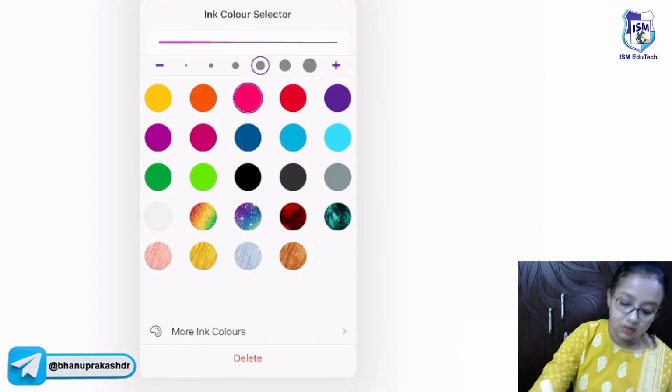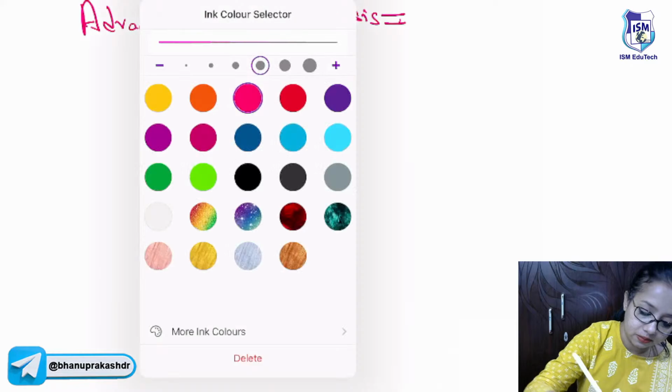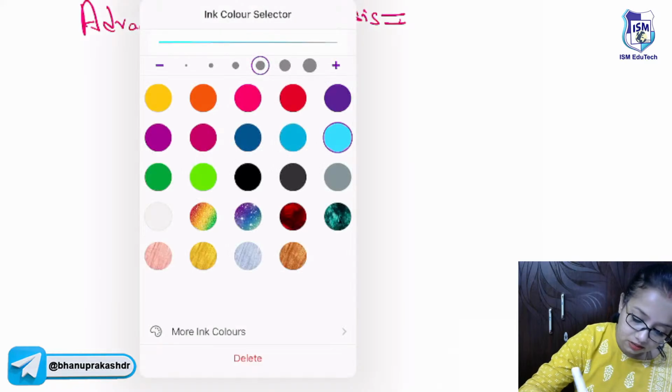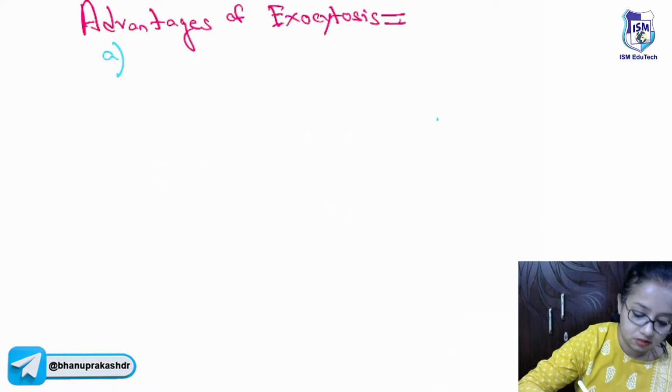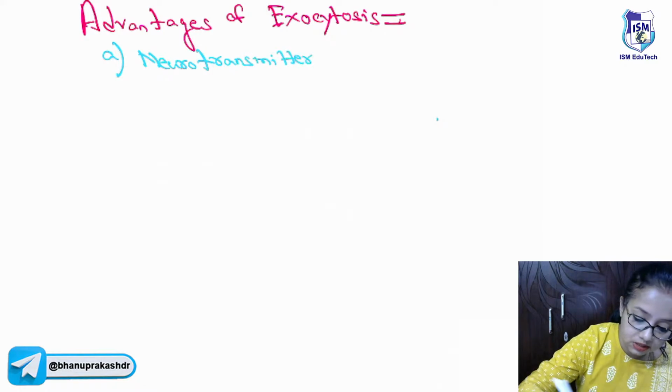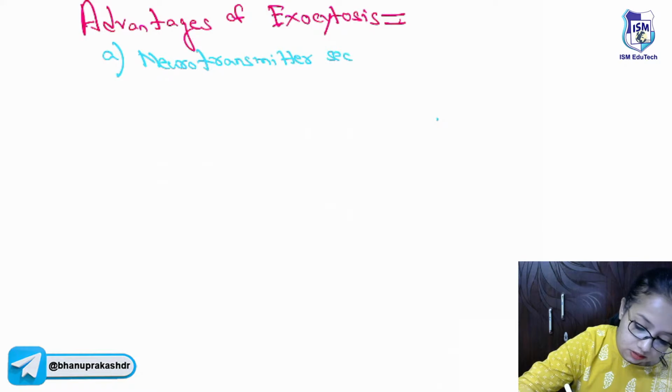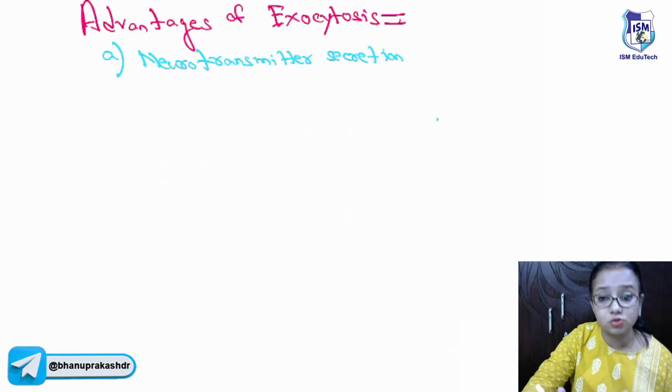Now, the advantages of exocytosis, obviously, are neurotransmitter secretion, especially in the neuromuscular junction.